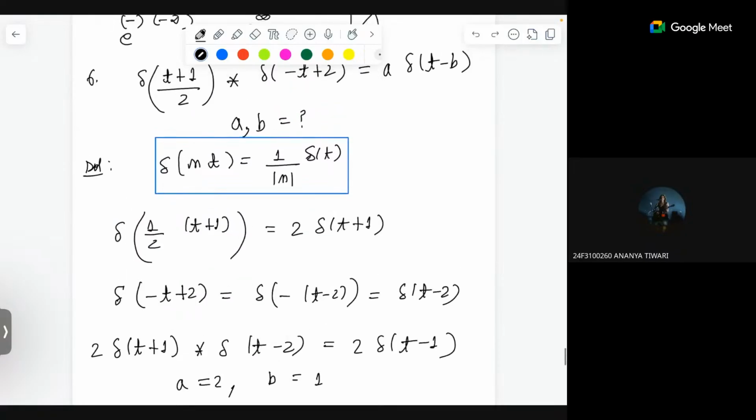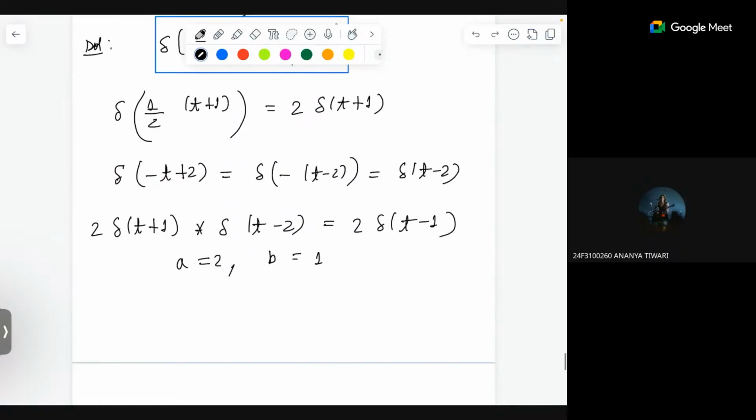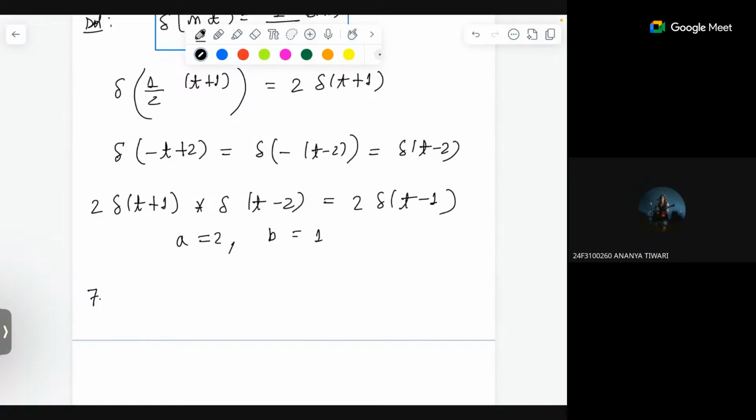Yes, ma'am. Okay, now I guess it's the last question. Yes, last question based on differentiation. So x of t is given to be t times u of t minus u of t minus a, where a is some constant.